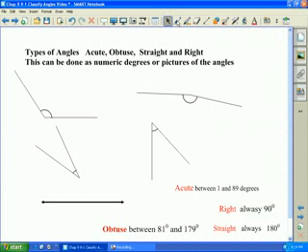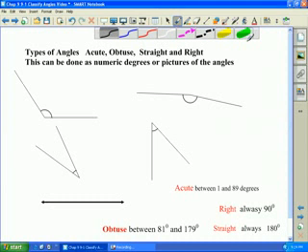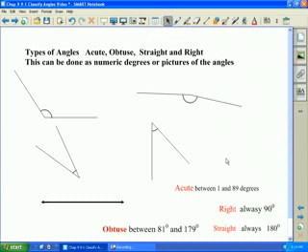Well, we can just look at the types of angles and see them within pictures. So right now we're seeing several angles and we're going to match them up with some of the names you see at the bottom. Now again, an acute angle is a small angle. That's going to be someplace between 1 and 89 degrees. You can have a decimal in there as well.